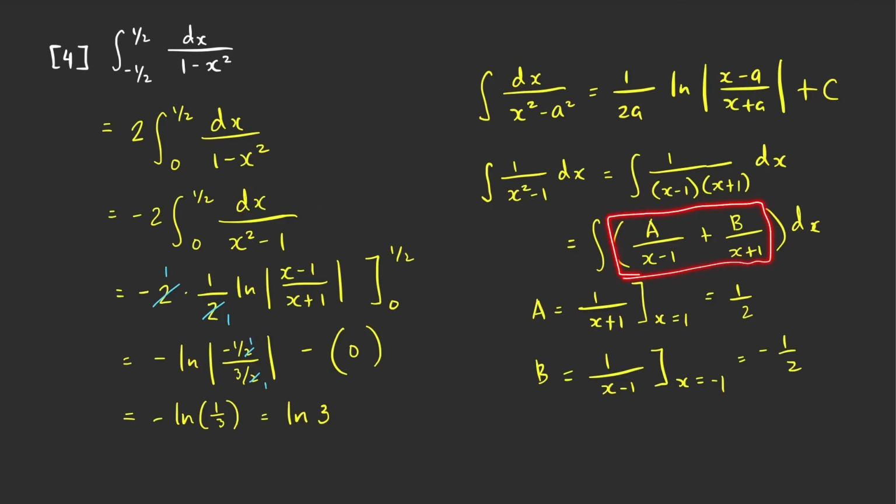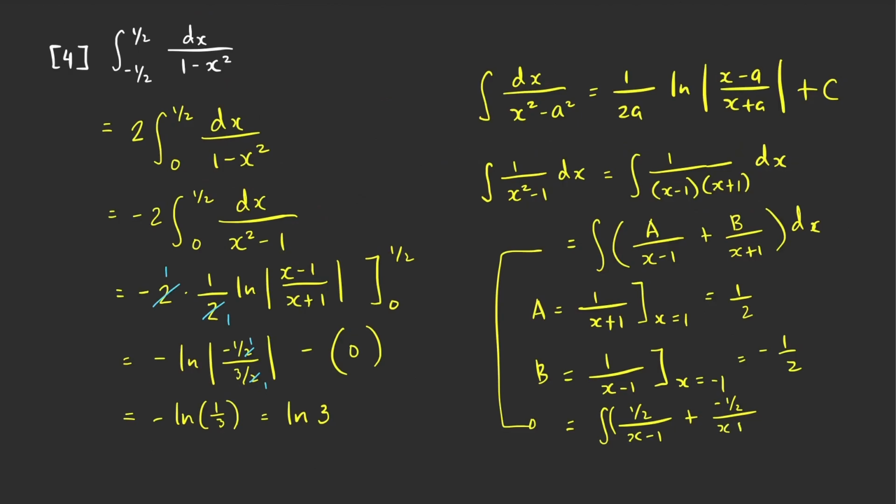Okay. So this part here is equal to the integral of 1 half over x minus 1 plus negative 1 half over x plus 1 dx, which is actually the same thing as 1 half of ln of the absolute value of x minus 1 over x plus 1 plus c.